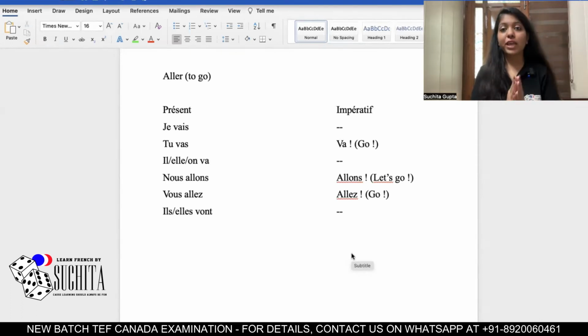Now with tu, can you see that in the imperative form, I have dropped an S? The reason being, in case of tu, with all the ER verbs, you drop the S. That's why it's not vas, it's va, without an S. Va, go. Allons, allez: with nous and vous, you just need to remove nous and vous and write the conjugation as it is. So va, allons, allez.